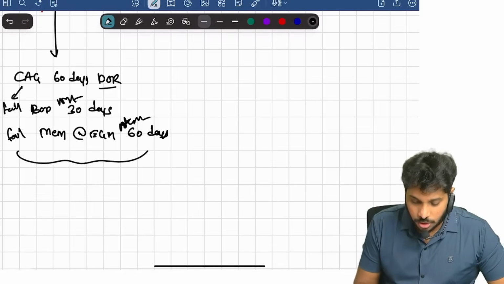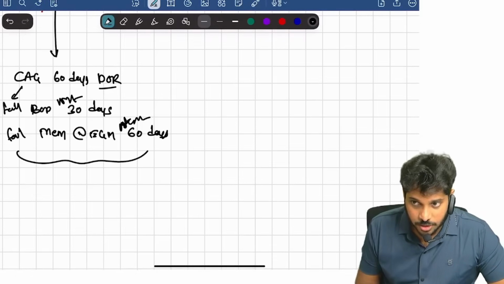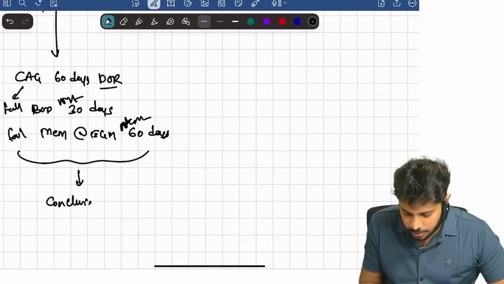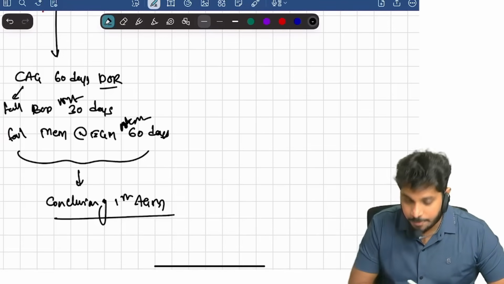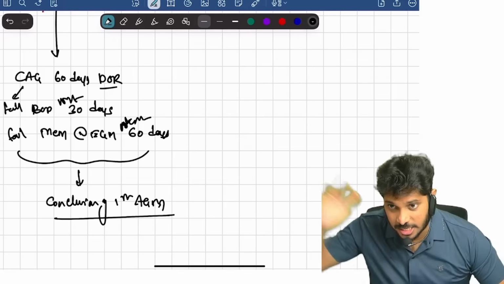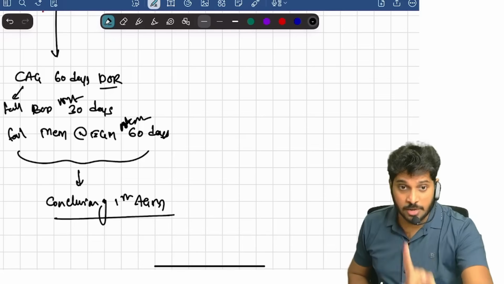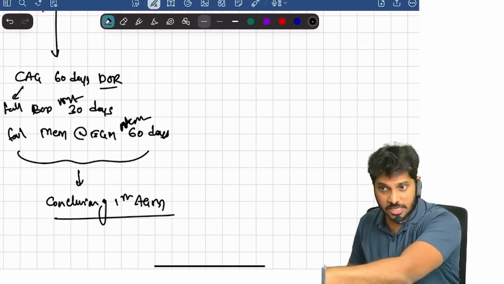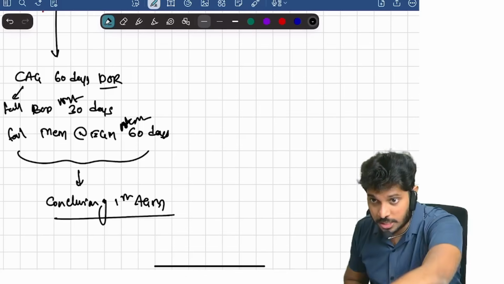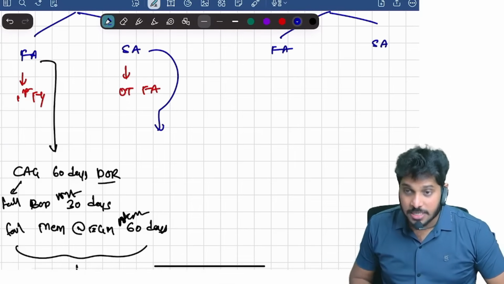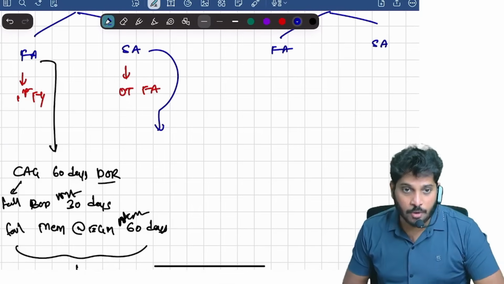Now this auditor, whoever is appointed as per these timelines, his appointment is valid up to conclusion of the first AGM. Remember, don't say his appointment is valid up to first AGM. No, his appointment is valid up to the conclusion of the first AGM. Now, the same government company, subsequent auditor. Who will appoint the subsequent auditor?